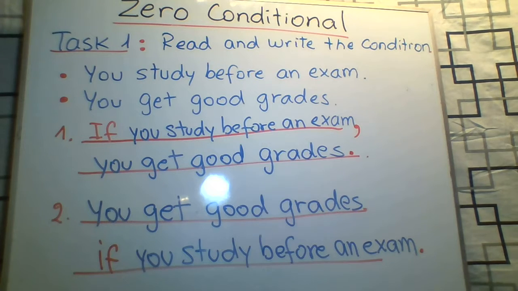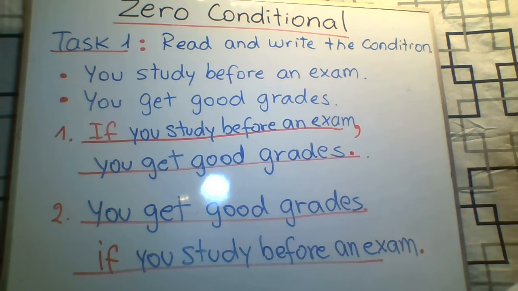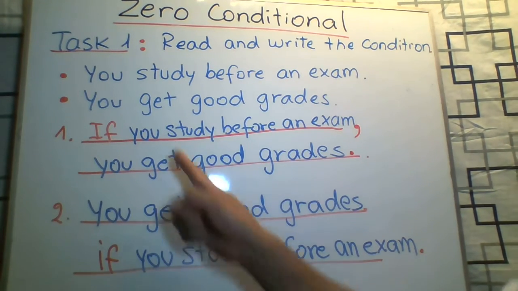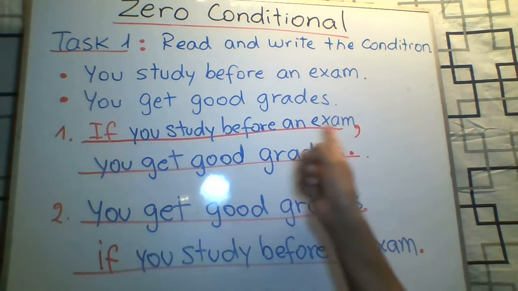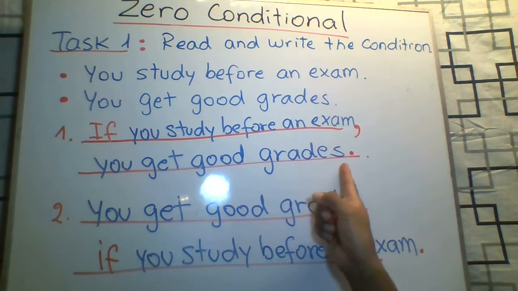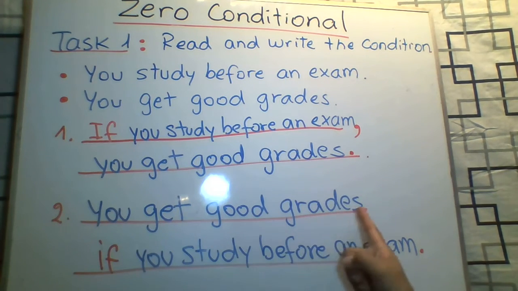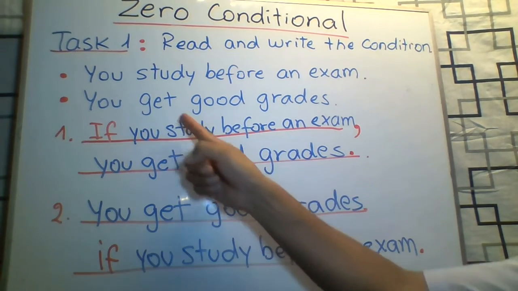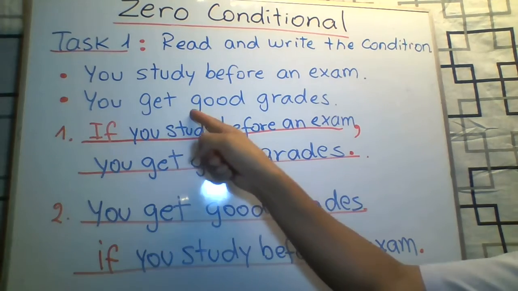Good. Now, don't forget that the zero conditional has two parts, the if clause and the result clause. And in both of them, the verb is in the simple present.